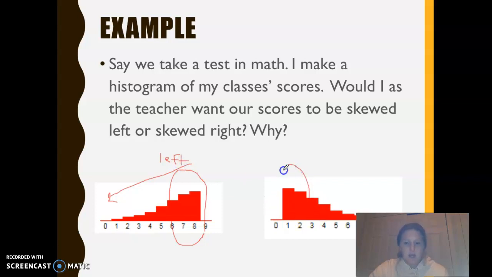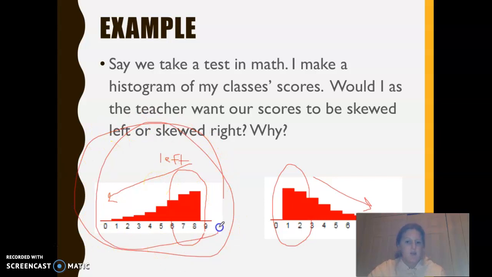Here, the majority got a low score, and then I only have a few students who did well. This is being skewed right. So if we were to take a math test, I would want the data to be skewed left, where the majority of people did high and they're clustered in the right side of the data, and then a few people didn't do so hot, maybe they didn't study, they're over here in the left side. It's being skewed left.